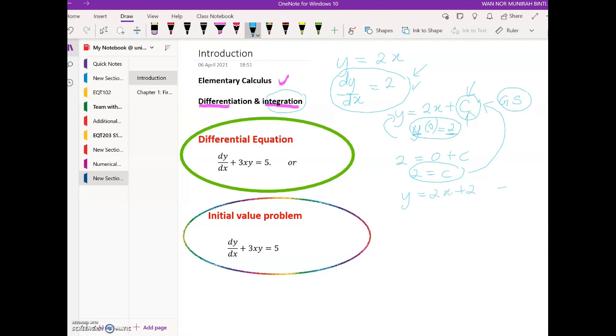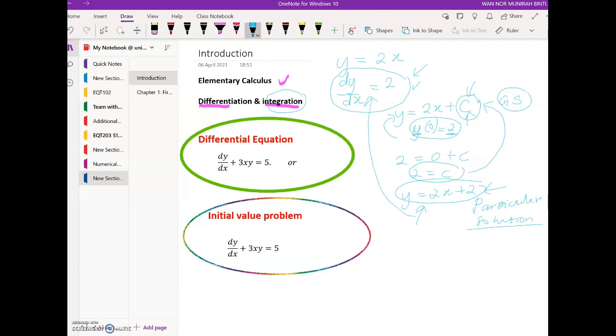This equation is no longer called the general solution, but we call it the particular solution, penyelesaian khusus. Solution means that this equation satisfies your differentiation just now.